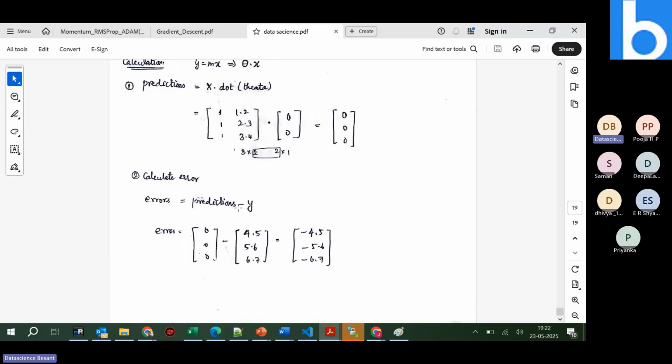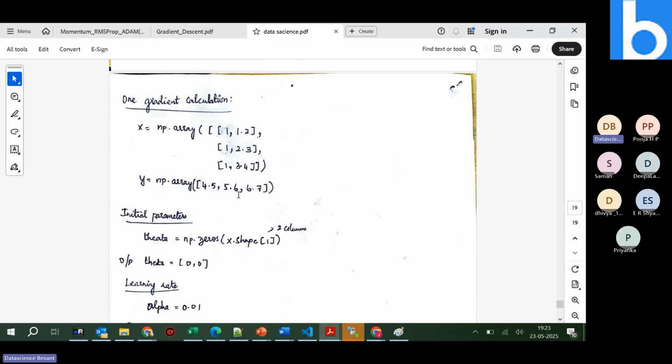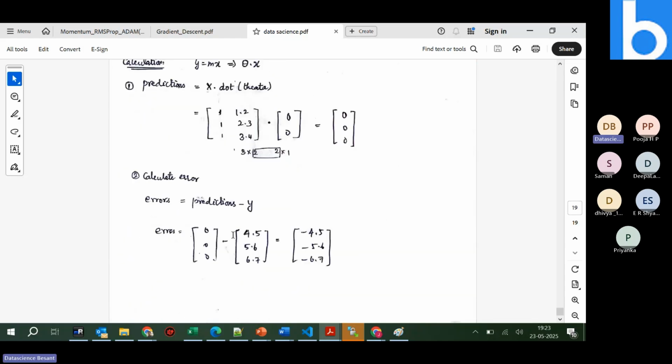Minus y, which is your true value. So whatever the true value, 4.5, 5.6, 6.7. If you do the basic matrix subtraction, you'll get minus 4.5, minus 5.6, minus 6.7. Okay. Yes, sir.